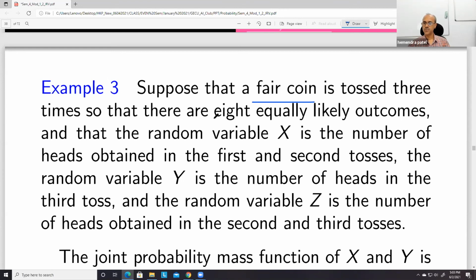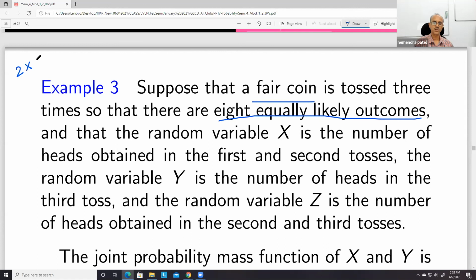No, first you see there are 8 equally likely outcomes. Agree? First 2 possibilities, second 2 possibilities, third 2 possibilities. Yeah, exactly. So it is actually 8 possibilities. Yeah, thank you, 2 into 2 into 2.